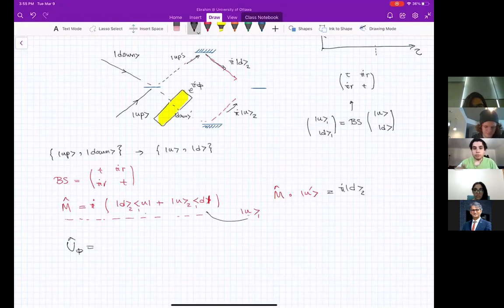Exactly. So you have to define where you want to place the phase. If the phase is on the down part, then you have e to the power of i phi, right? It will not change up or down. Nothing will happen with up. The only thing happening is that it will take the down and add a phase to the down. So this will be the operator.